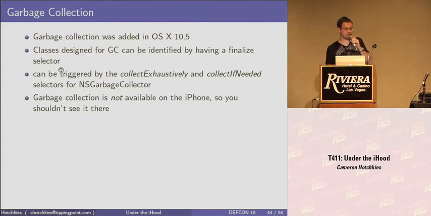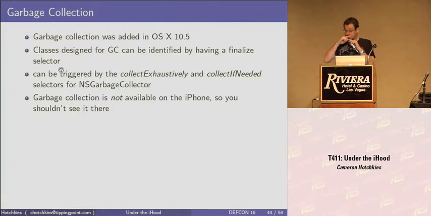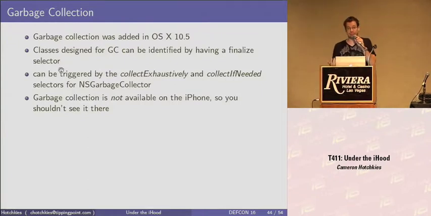Classes designed for garbage collection have a finalize selector somewhere in their class definitions. That's sort of your big tip-off right there. So you know you're not really going to need to look for any of the other memory allocation stuff. They can be triggered by collectExhaustively, collectIfNeeded. Those are also going to indicate garbage collection going on. Those are probably a little more trustworthy than finalize, because finalize is one word and maybe people want to use it just so that the code knows that they're serious.